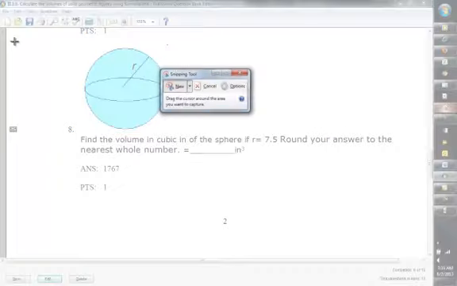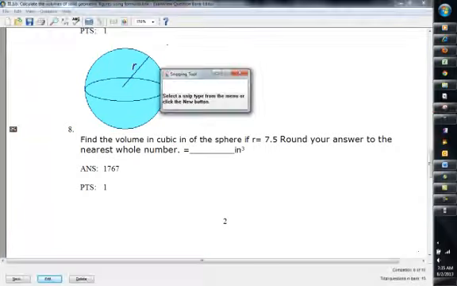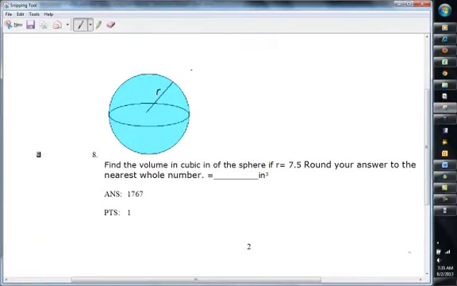Next one, find the volume of a sphere. I'm going to need to put the formula in here for this one. The volume of a sphere is 4/3 pi r cubed.